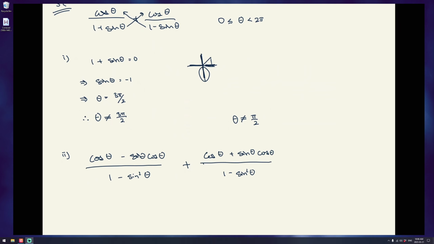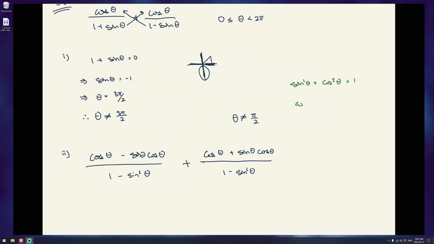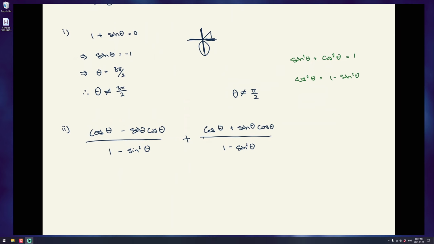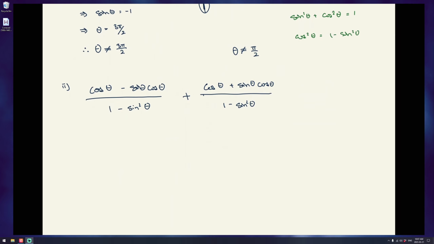The one specifically that I think about is sine squared theta plus cos squared theta is equal to 1. What do we have here? We have 1 minus sine squared. So I'm going to take this term and move it to the other side. So then what are you left with? Cos squared theta is equal to 1 minus sine squared theta. Okay? And that's great because now we can replace all of this with just a single trig ratio squared, which is ideal. Okay, so let me clean that up for us.